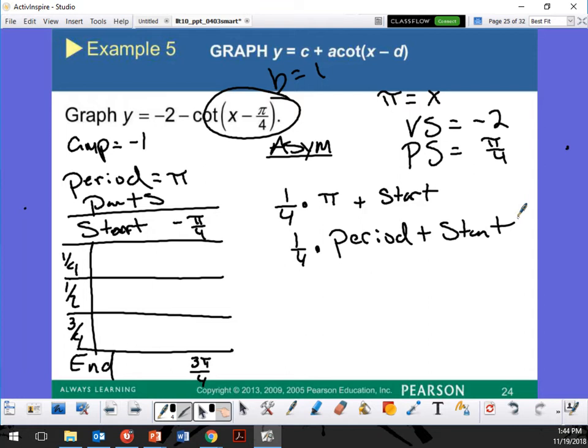That's always going to be the same for all of them, even if there is a phase shift, because I already included the phase shift in the start. I moved everything over from the start.